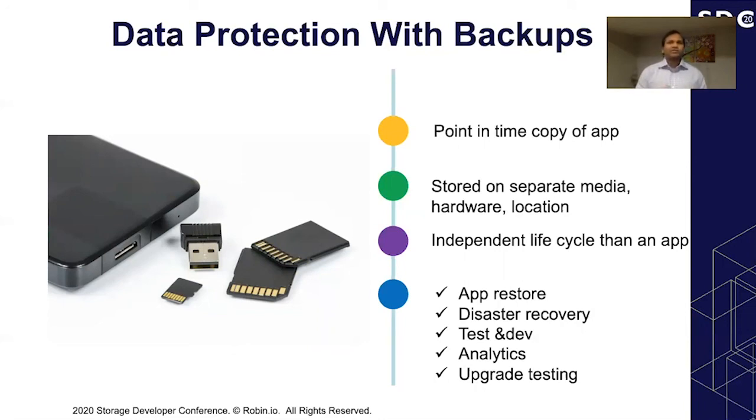They form the basis for data protection when the whole data center has gone down, or data is completely gone or corrupted. Backups are used to restore the app, for disaster recovery, and if you want to create apps from the offsite backups for testing or testing your upgrades. All these use cases can be enabled using backups.